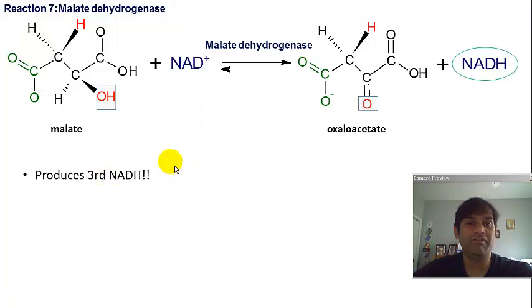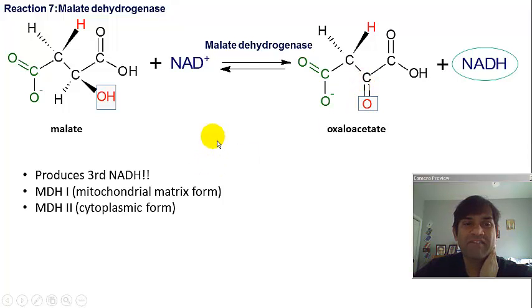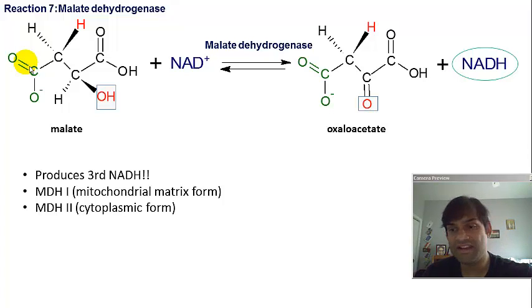It's producing reducing equivalents. Now, there are 2 forms of malate dehydrogenase. There's a form that's in the mitochondrial matrix, and it goes in this direction, towards the production of oxaloacetate. We also have a cytoplasmic form, and the cytoplasmic form goes in the opposite direction, towards the production of malate. So different isoforms housed in different geographic locations within the cell, and each version has its equilibrium shifted towards one form or the other.